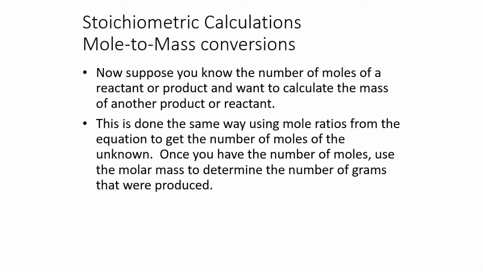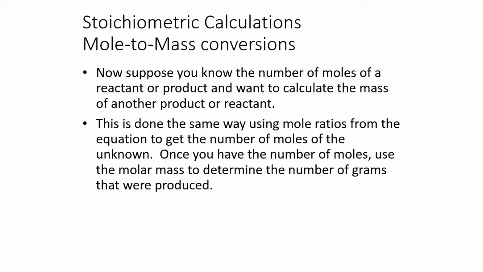So ganun pa rin, gagamitin pa rin natin yung mole to mole ratio or conversion, and then gagamit naman tayo ng molar mass para malaman natin kung gaano karami in grams yung ating magiging sagot sa question sa ating stoichiometric problem.